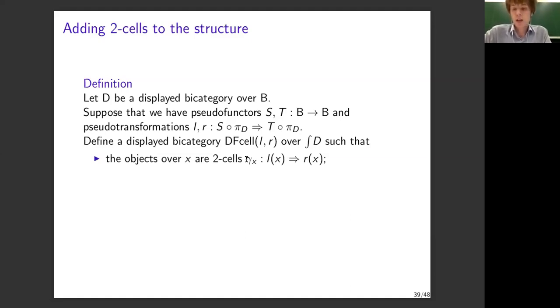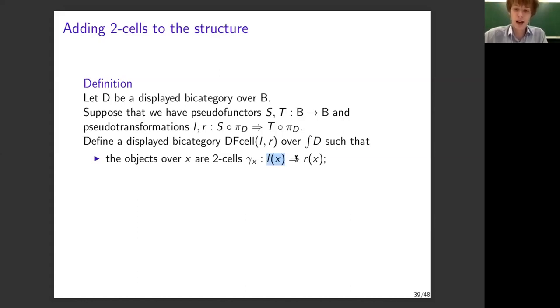So now we're going to define a displayed bicategory over the total bicategory of D. The objects over X, which is in this case a pair, are just two-cells like this. If we look in one-types, then the two-cells are just equalities.